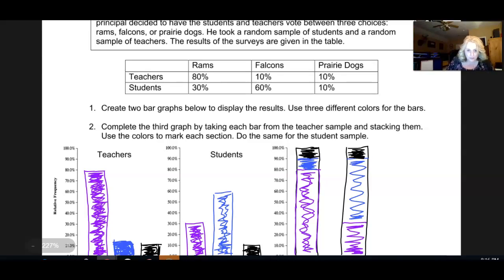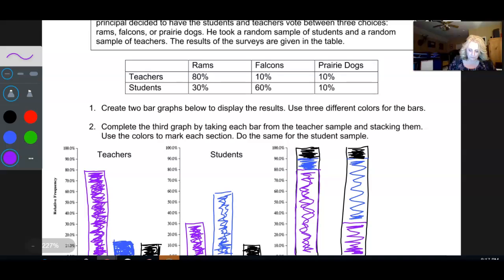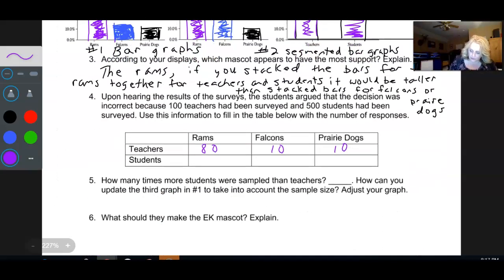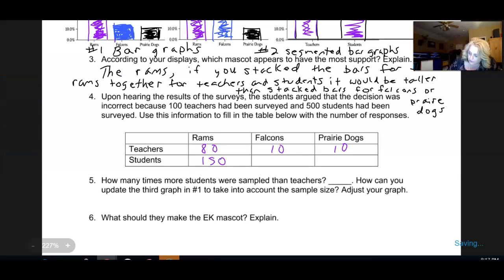So this would be 150, 300, and then 10% of 500 would be 50. Okay, so let me go back down here and write that in. So we said 150 for the Rams. We said 300 for the Falcons. And we said 50 for the prairie dogs.